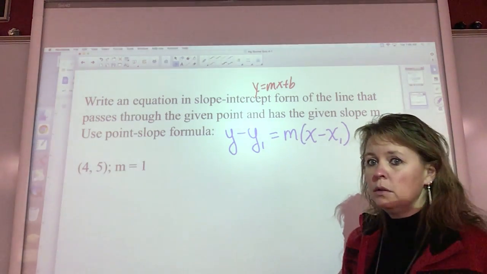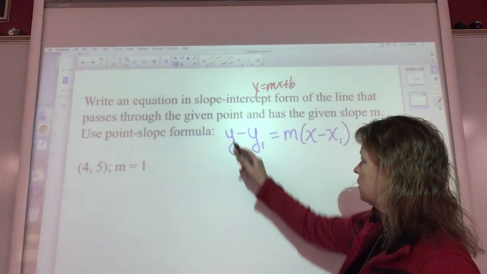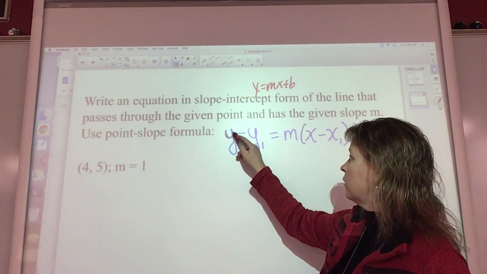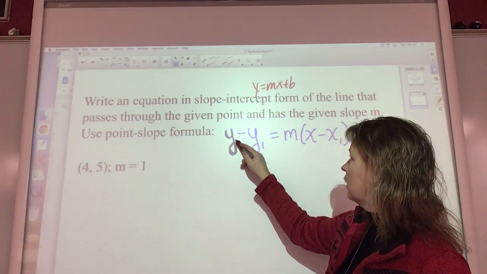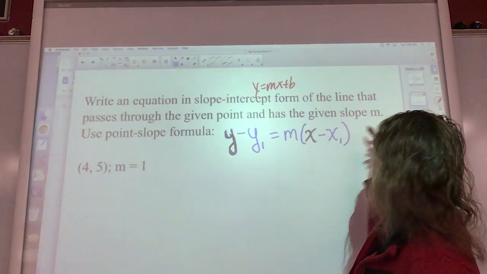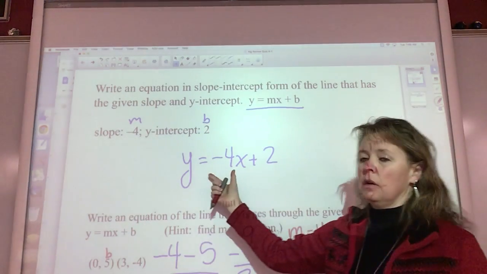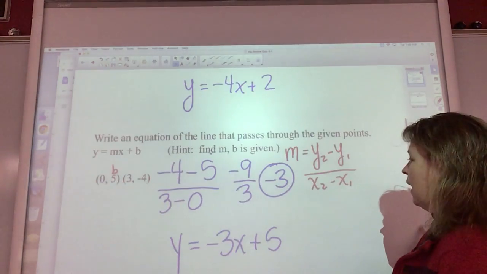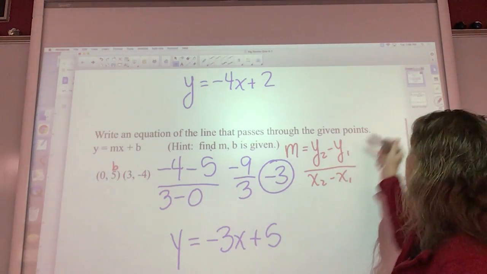Can I remind you, as I continue to say over and over, but I don't know that everybody's listening every time, or you forget easily, can't tell which. This y and this x are variables. Every problem that we do with y equals mx plus b has a y and an x in it. You have to have a y and an x to make it a line.